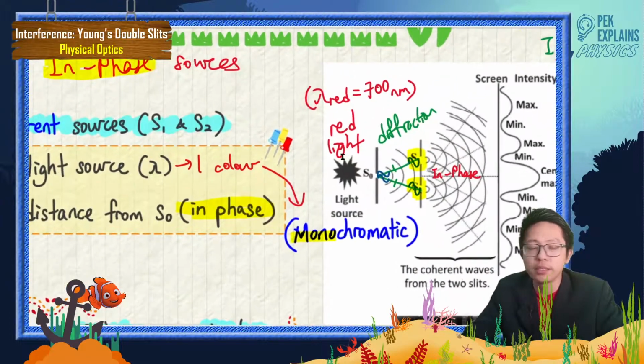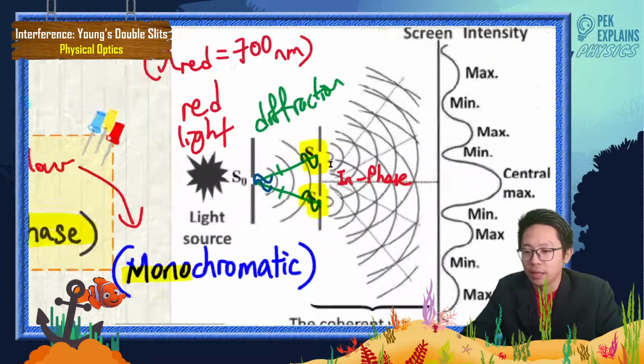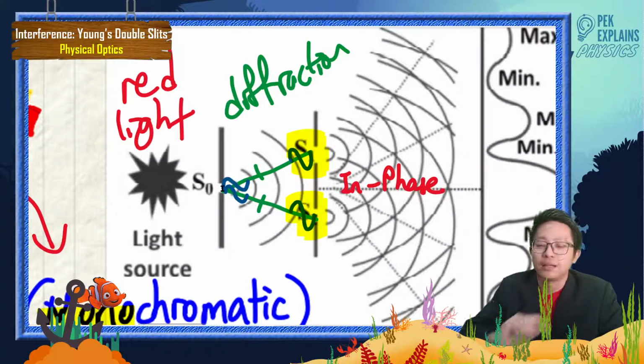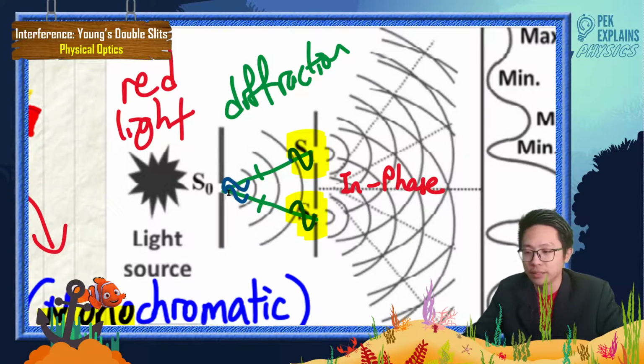Because we have learned already earlier, the distance of the two slits is equal from the same light source. These two sources are in phase because they are the same distance from the same one light source, the single slit.